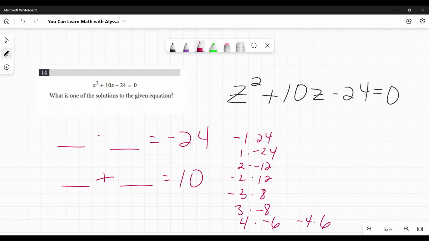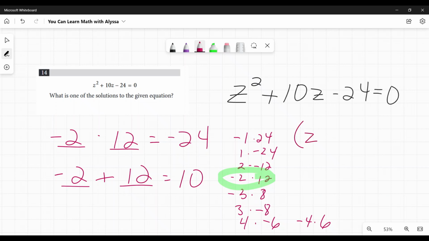Is that everything? Yes, that's everything. Now if I add these pairs of numbers together, which two are going to get me 10? If I go through, I will discover that negative 2 plus 12 equals 10. So my two numbers are negative 2 and 12.